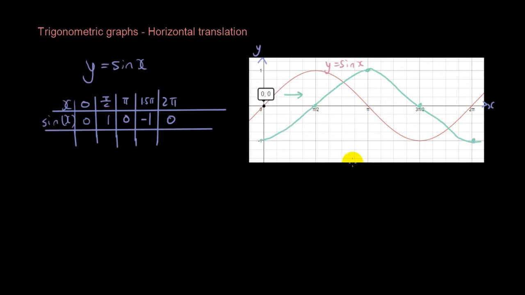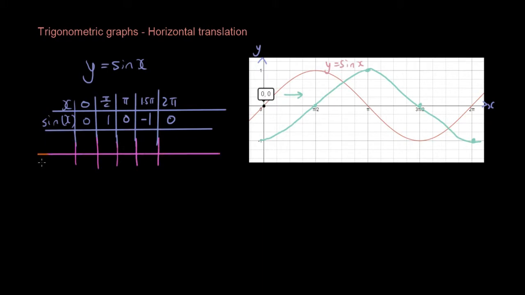So how do we achieve that? This is what you do. I'm going to write another row on my table of values so you can see how we backtrack to get the equation. So this is what we want to end up with.